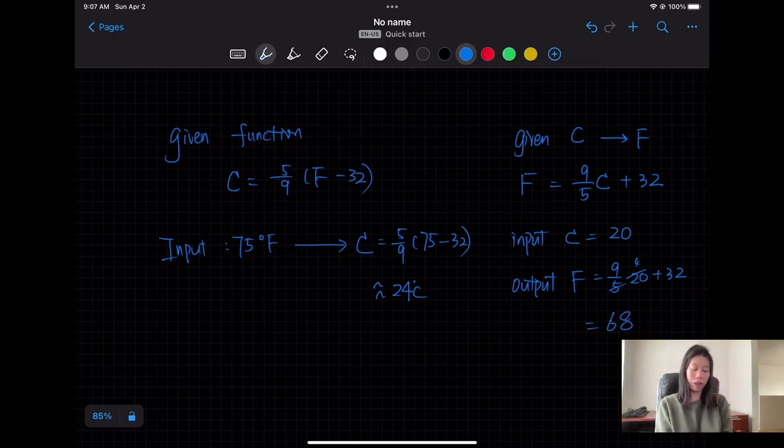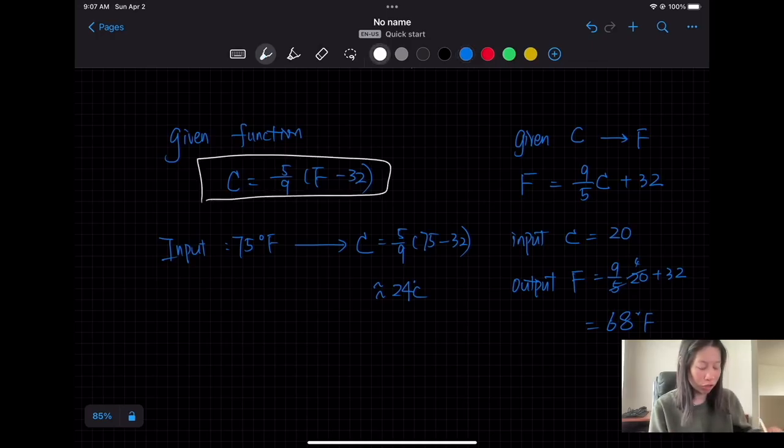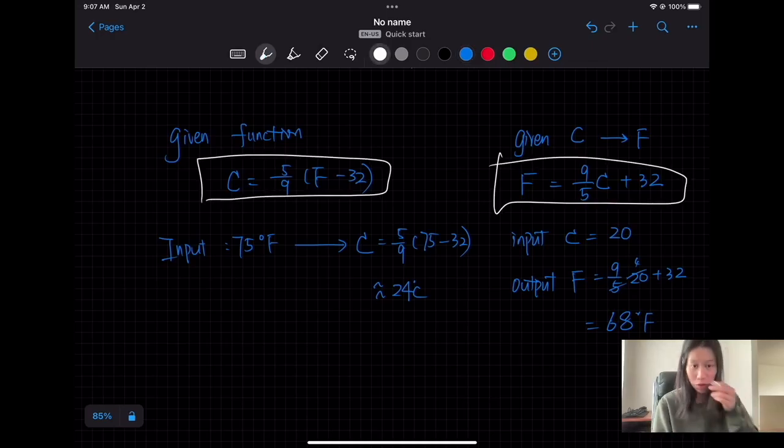So this is going to be 68 Fahrenheit. So in that case, these two functions are the inverse functions of each other, where your input becomes the other's output.